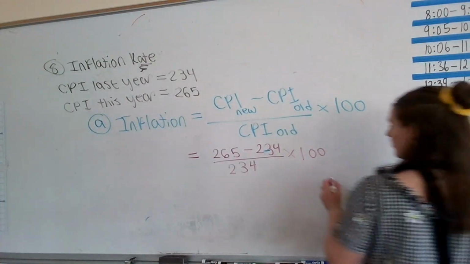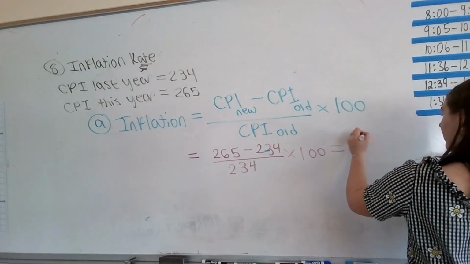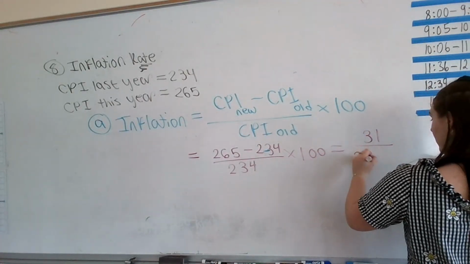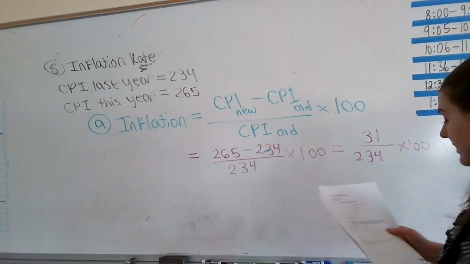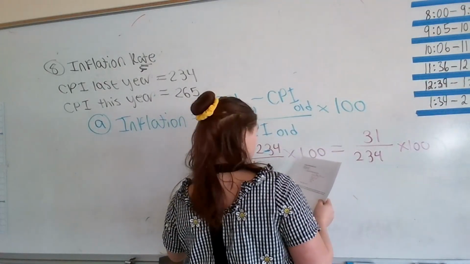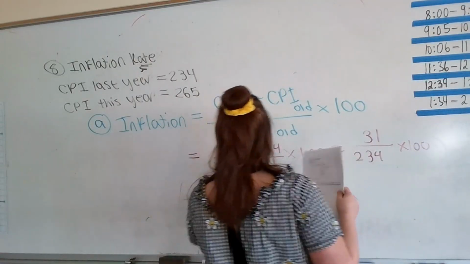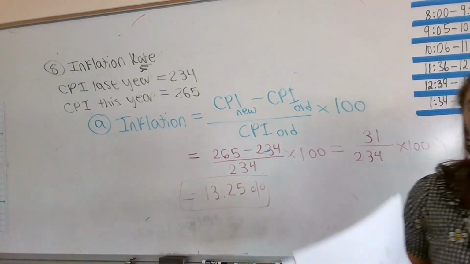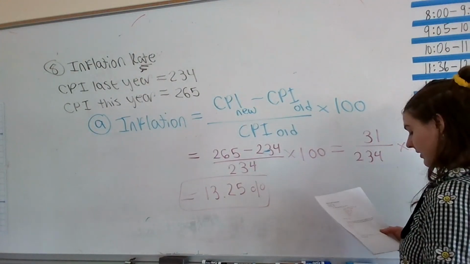This is going to reduce down to 31 over 234 times 100. It's going to be 13.25%. So we have an inflation rate of about 13.25%, which is pretty high. That's more than a 10% increase from the last time.